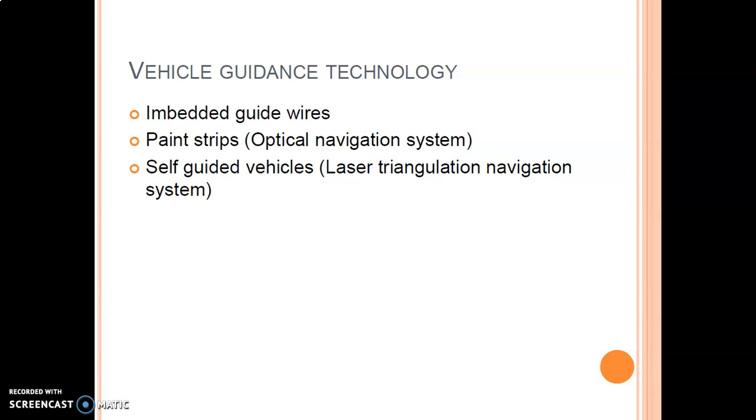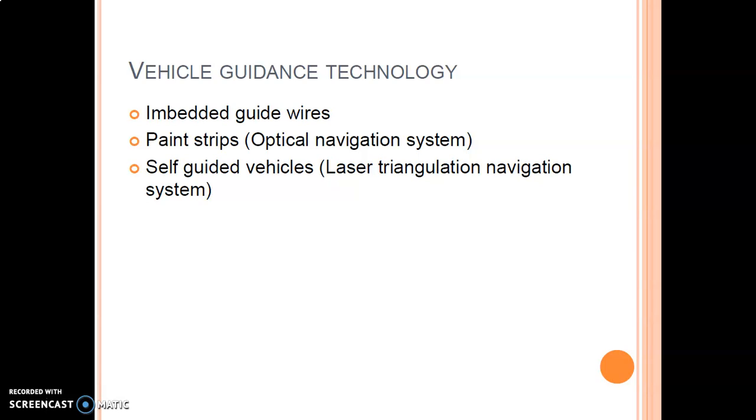Now next is the vehicle guidance technology: embedded guidance wire, paint strip optical navigation system, and third, the self-guided vehicle with laser triangulation navigation system.